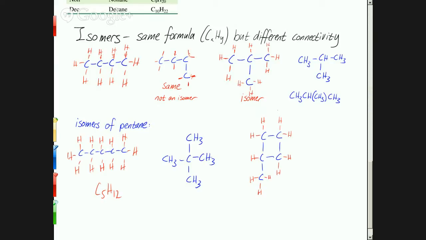And there's no room for any more, right? So that can't be an isomer. What if I just take off one of these and put 2 extra hydrogens on there? Does that work? What's wrong with that?